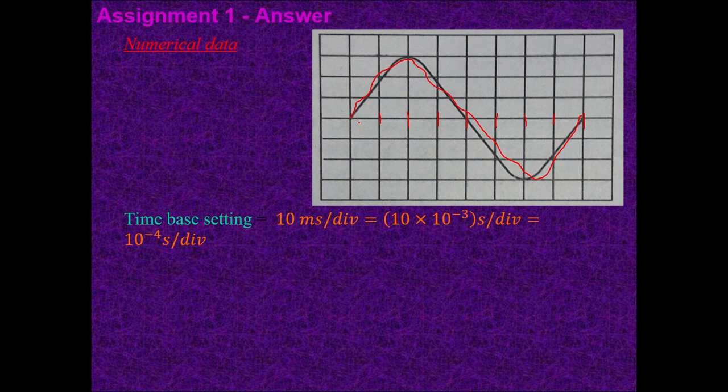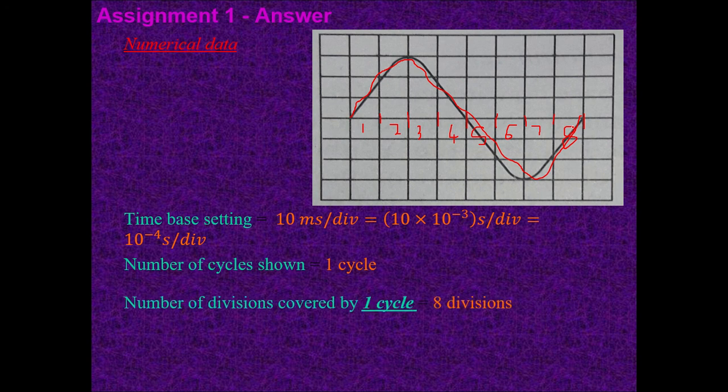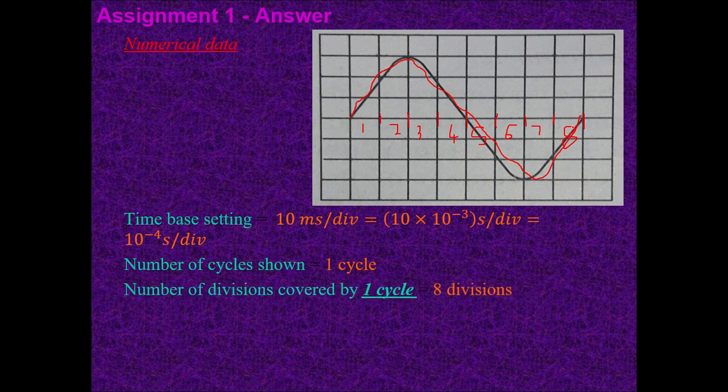From here we have 1, 2, 3, 4, 5, 6, 7, and finally 8 divisions. So you have one complete oscillation in this diagram, and that one cycle is equivalent to 8 divisions.